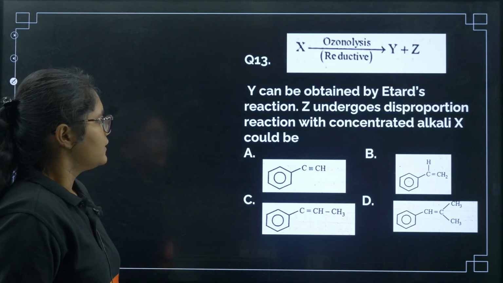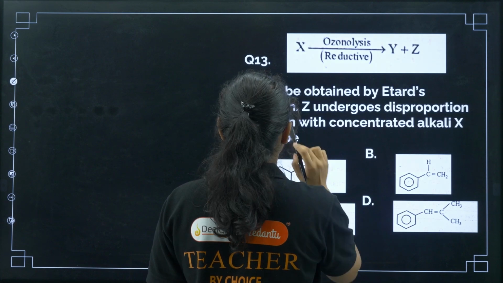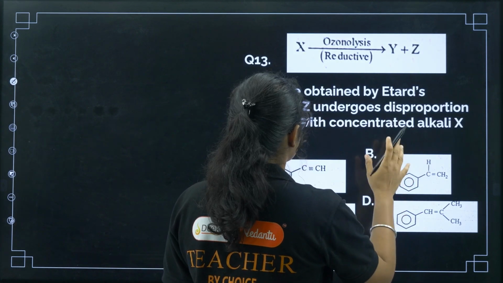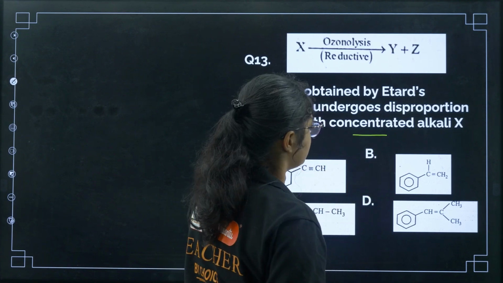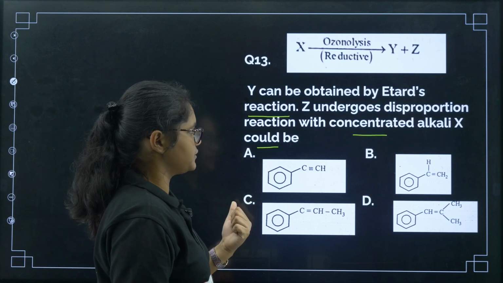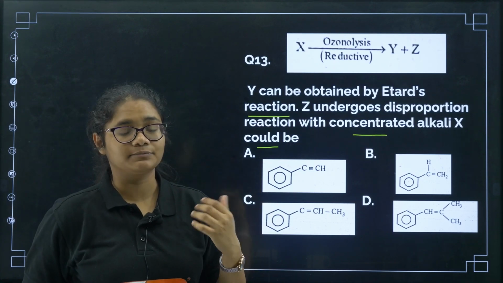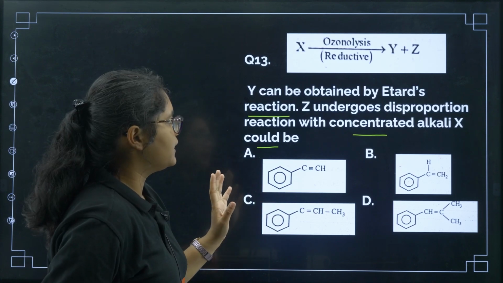Okay, next question, Y can be obtained by Etard reaction. Z undergoes disproportionation reaction with concentrated alkali, then X could be. So Y can be obtained by Etard reaction, and if you remember, the Etard reaction product is what? Benzaldehyde, right?